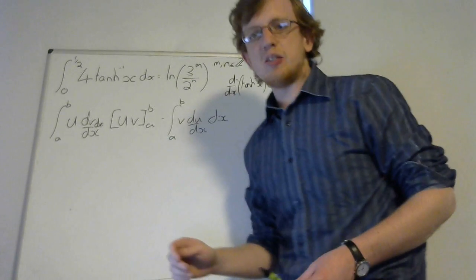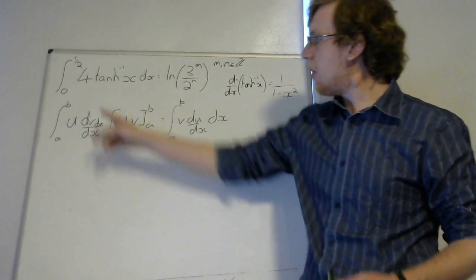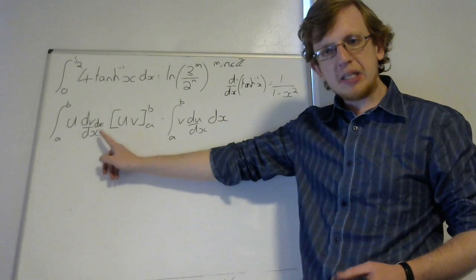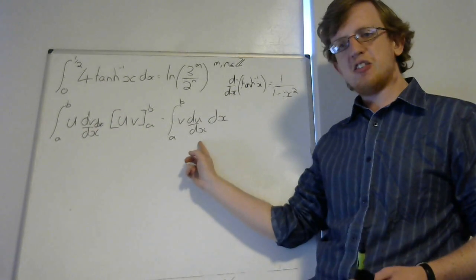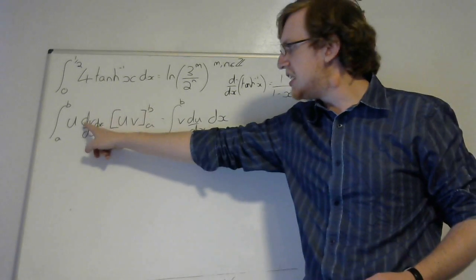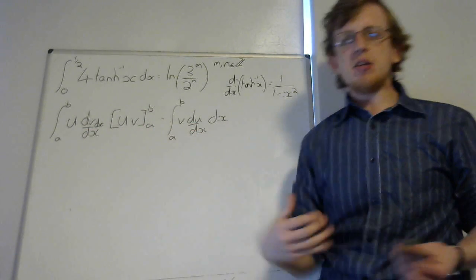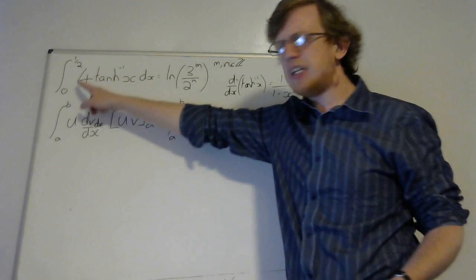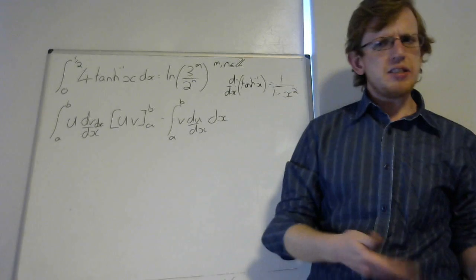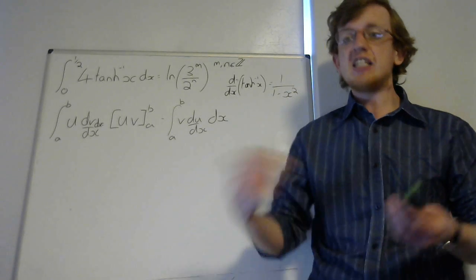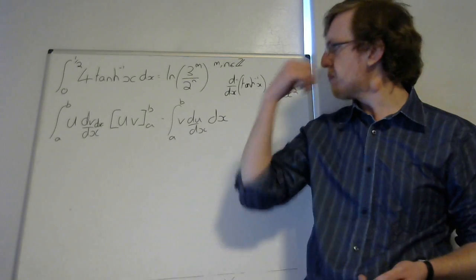So what this means is when you've got an integral that's one thing multiplied by the other, you pick one of them to be u and the other one to be dv by dx. Now the u gets differentiated to become du by dx, and the dv by dx gets integrated to become v. So essentially you're choosing one of these to integrate and one to differentiate. Usually you think which one's the most difficult to integrate and differentiate, and you do the opposite of that.